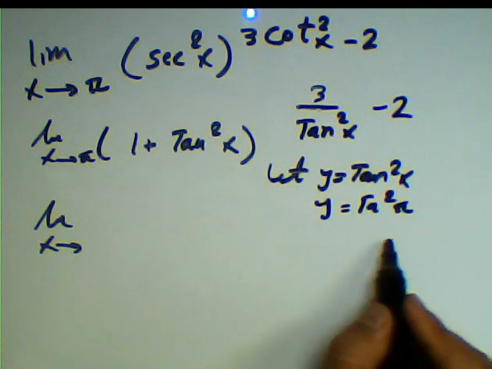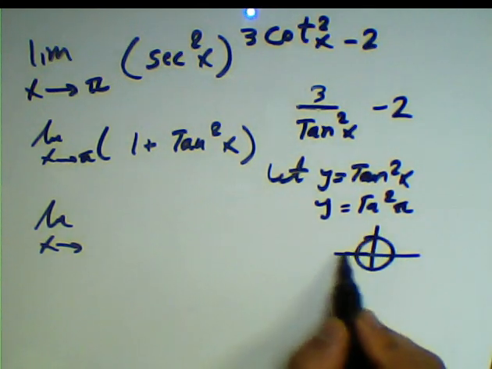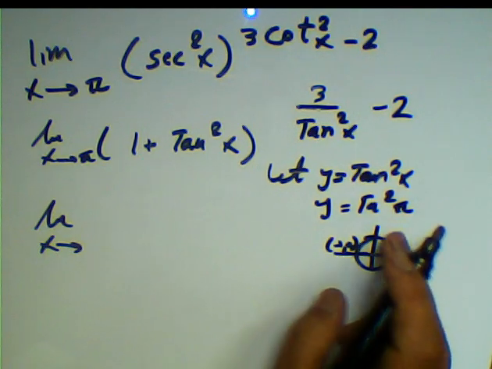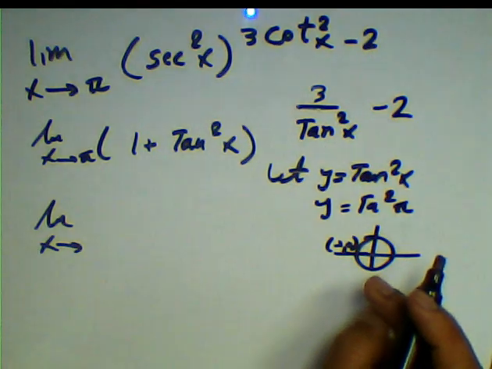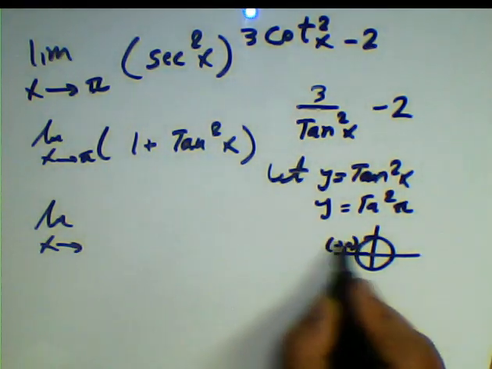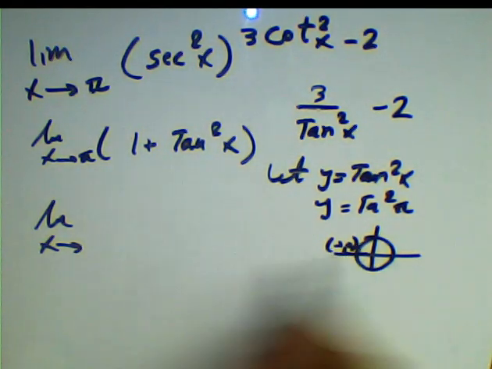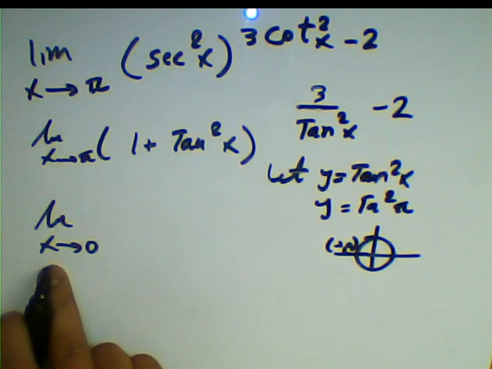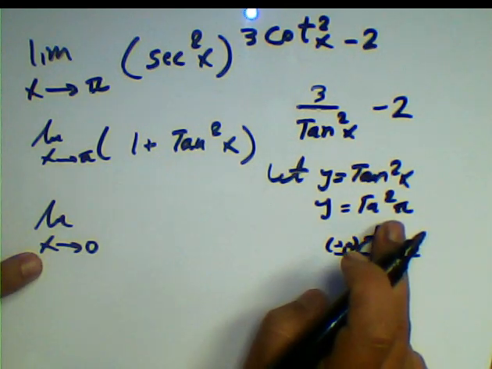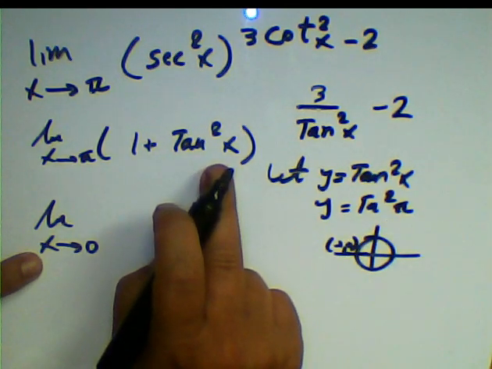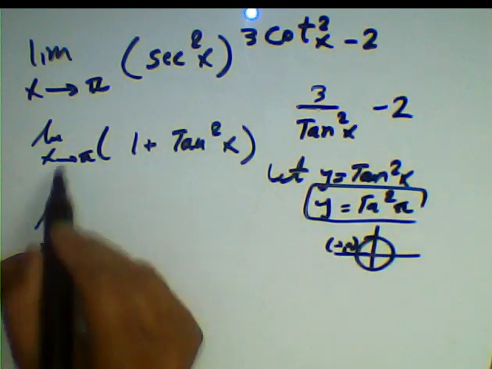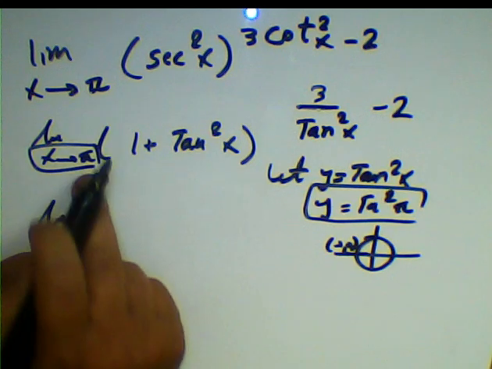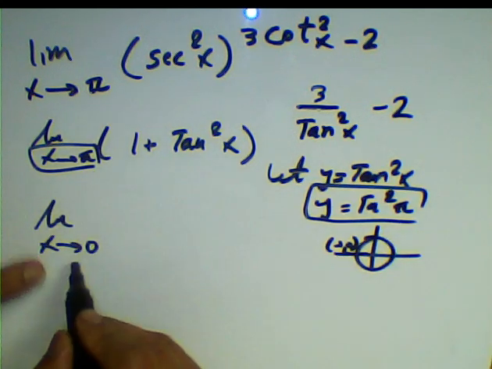Tan 180 on the circle: we have the point negative 1 and 0, and tan means sine over cosine. Sine over cosine will be 0. It tells us x equals pi, x approaches pi; putting x equal pi here, then y will be equal to 0.